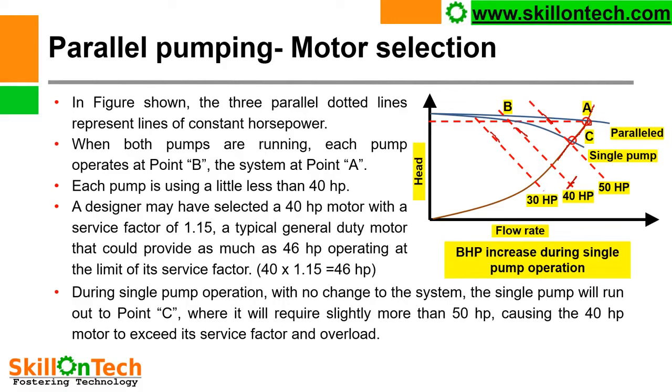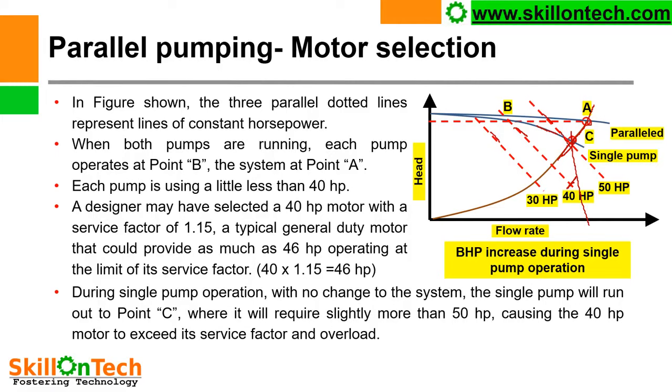During single pump operation with no change to the system, the single pump will run out to point C. So when only one pump is under operation, the system head will intersect here. Then this point C is the operating point.